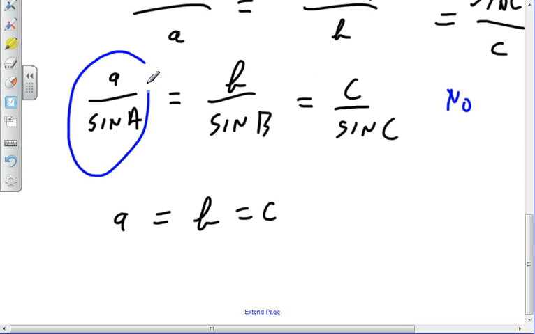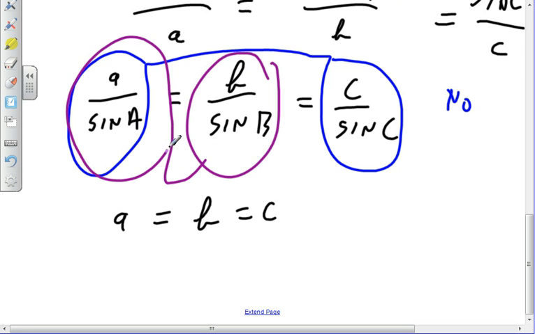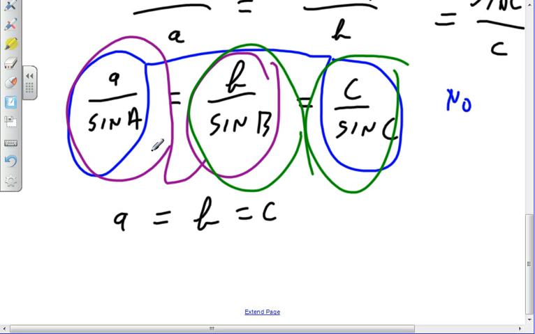So this guy can equal that guy, but this guy would be different. This guy could equal that guy, in which case that guy would be different. So the law of sines is written in a peculiar mathematical way. We only use two of these at the same time.